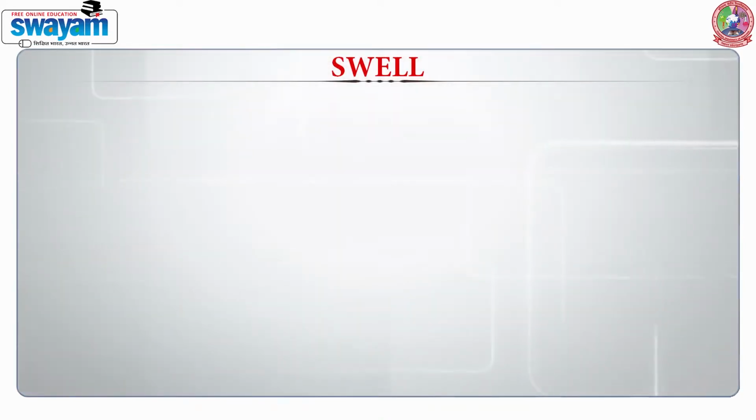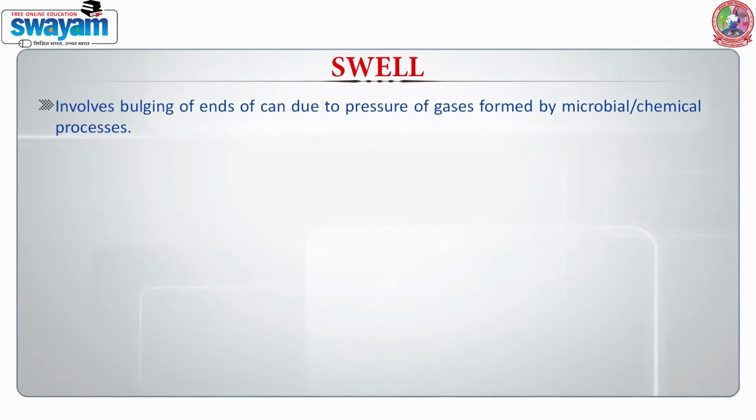Now, let us see what the physical and chemical spoilage processes are. The first important spoilage is known as the swell, wherein the ends of the can bulge due to the pressure of gases produced by microorganisms or by some chemical processes.